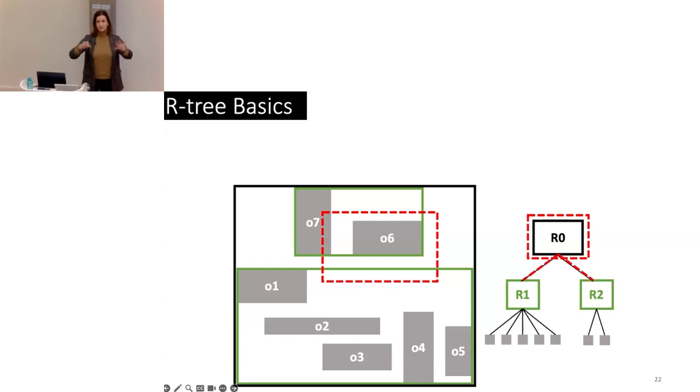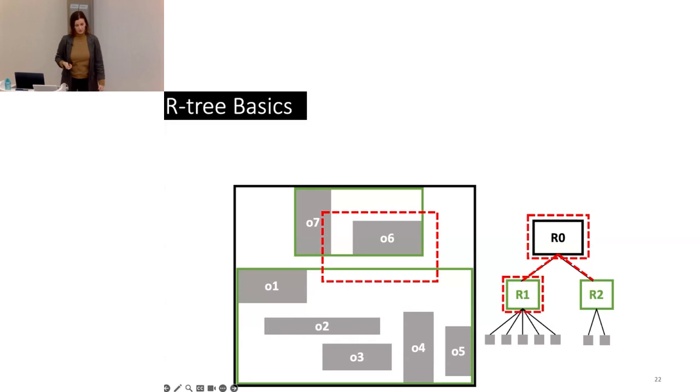Here it does, so we check the children of the root, first going to R1, the bottom index node here. As you can see, the index node does intersect with our range query, but in fact, no object inside the index node does.